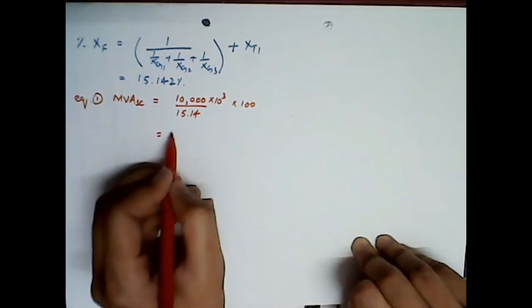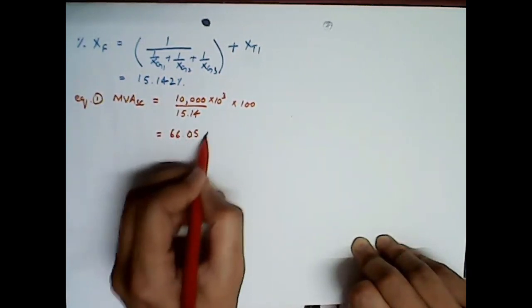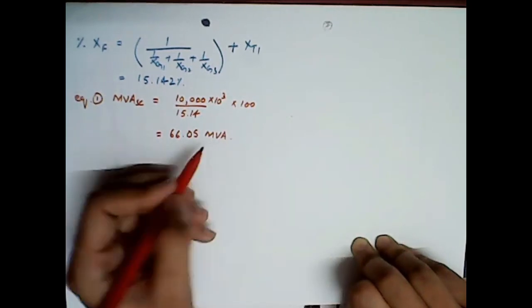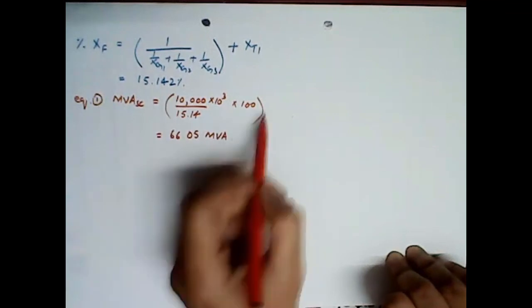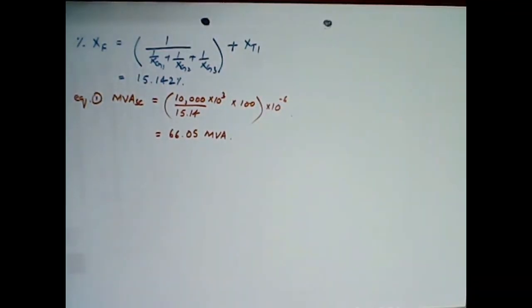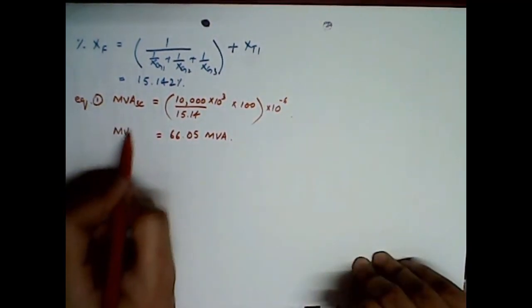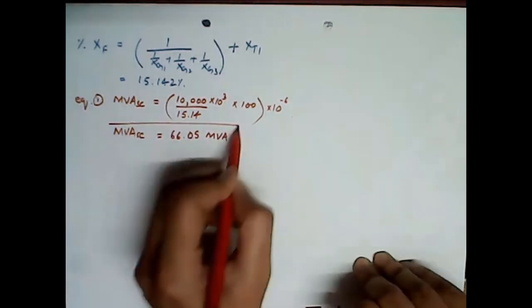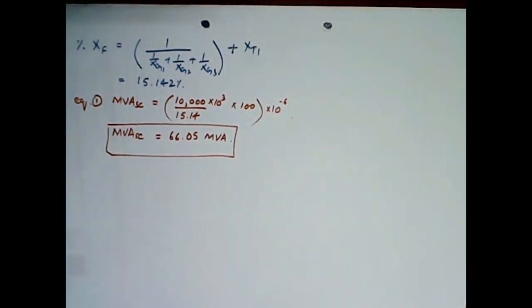So this would be equal to 66.05 MVA, right? We are already dividing by 10 to the power minus 6 in order to convert it into MVA. So this would be the short circuit power in this scenario, 66.05 MVA.